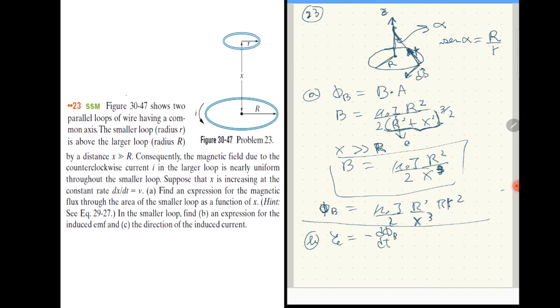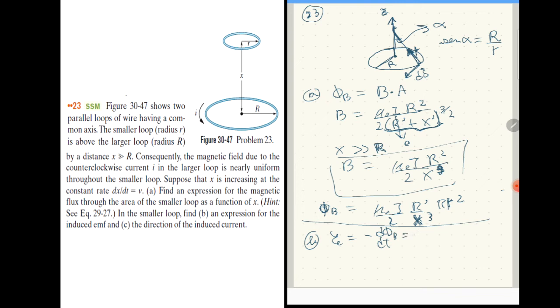To differentiate this with respect to time, the only thing that depends on time is the axis x, because as the problem says, the little coil is going away from the bigger coil. It's like running out of the bigger coil.